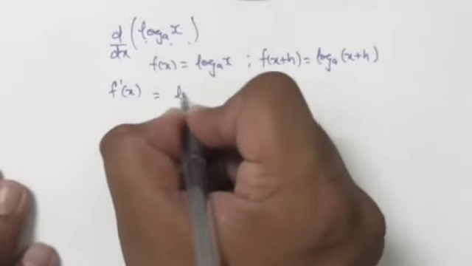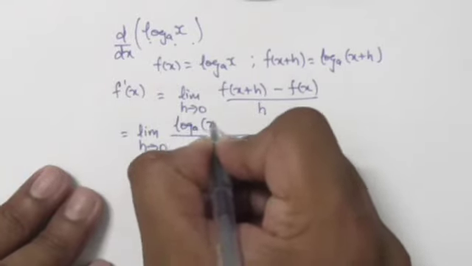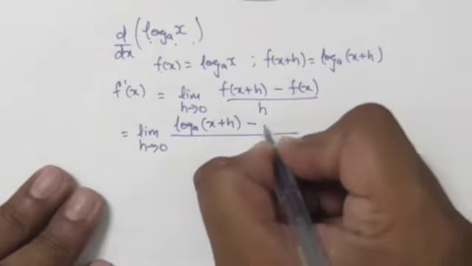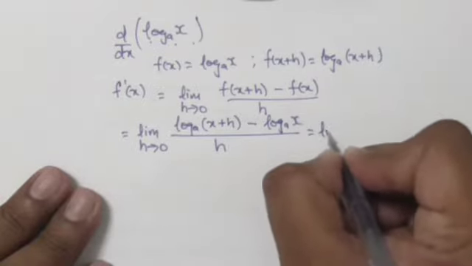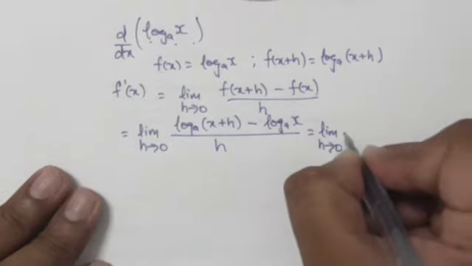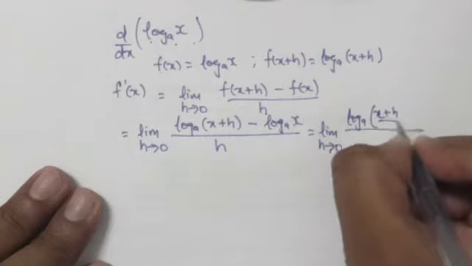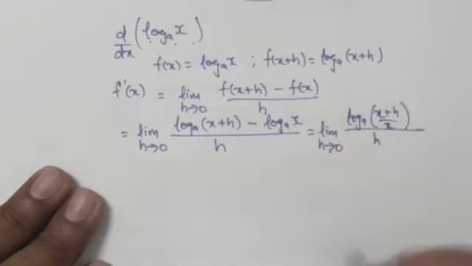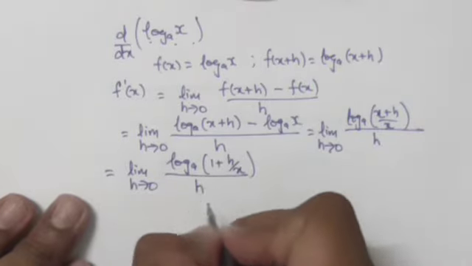And it will be equal to limit h tends to 0 [log base a (x + h) - log base a x] upon h, which is equal to limit h tends to 0 log base a [(x + h) upon x] upon h, and it is equal to limit h tends to 0 log base a (1 + h upon x) upon h.